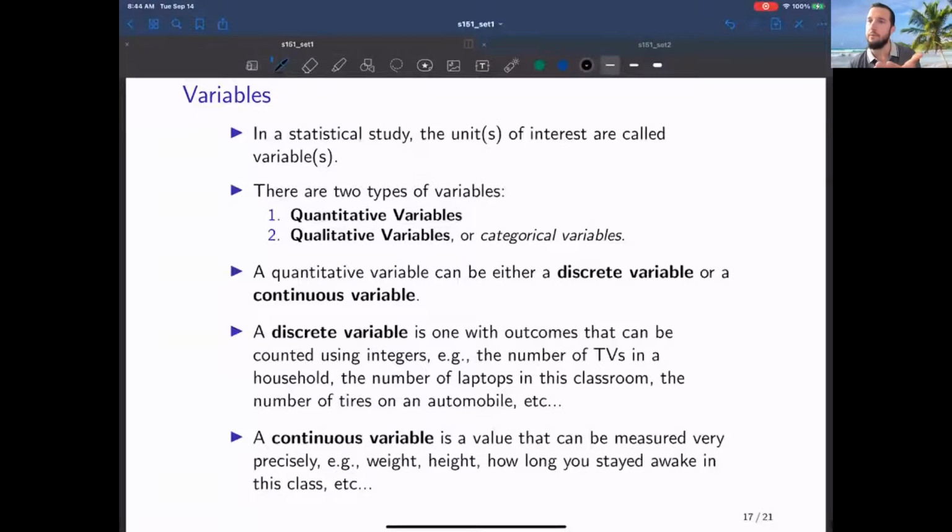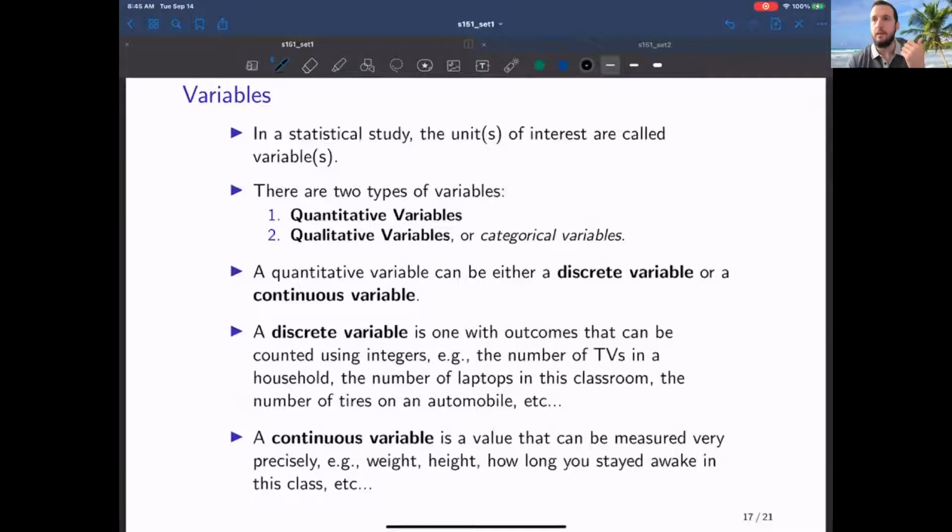We would have the different possible gender outcomes, and that would not be a quantitative outcome, it would be a qualitative value because it describes the gender of the person. A quantitative outcome is a number, an actual value. For the most part, we will be working with quantitative variables in this course, though we will see ways of handling qualitative data as we progress through the semester.